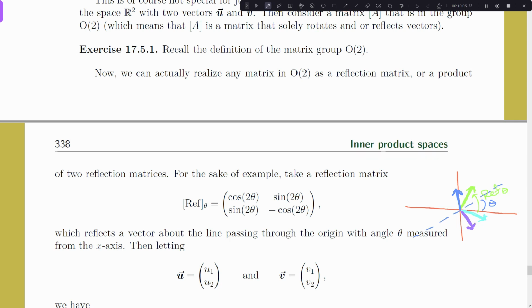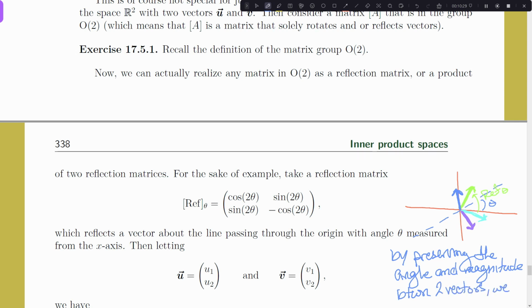So by preserving the angle and magnitude between 2 vectors, and really this should be any 2 vectors, we have unitarity. Okay, so those are the important things that we preserve, the magnitude of vectors as well as their angles.